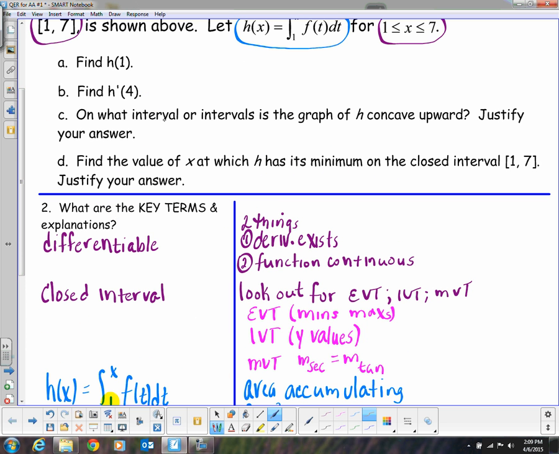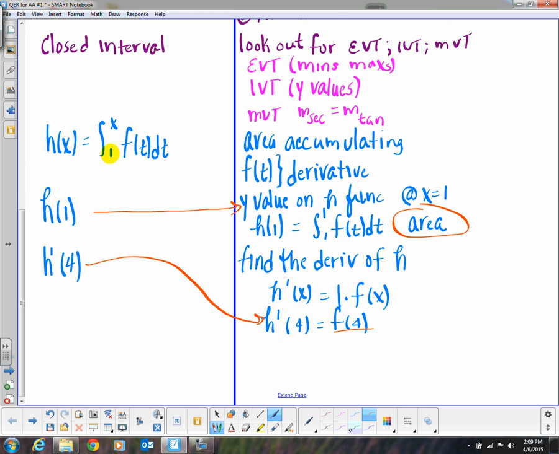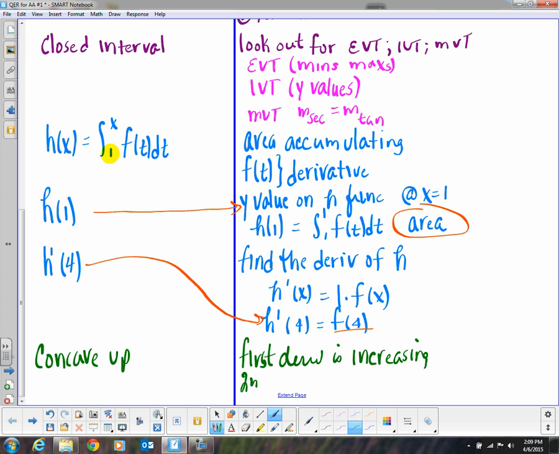All right, on what interval or intervals is the graph of h concave up? So concave up. What do I know about concave up? Concave up occurs when the first derivative is increasing, or where the second derivative is positive.